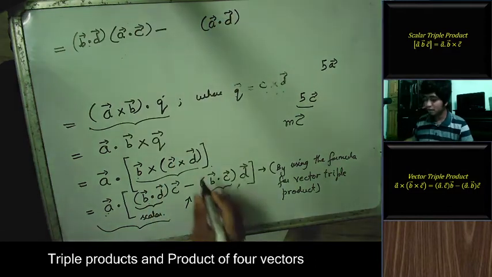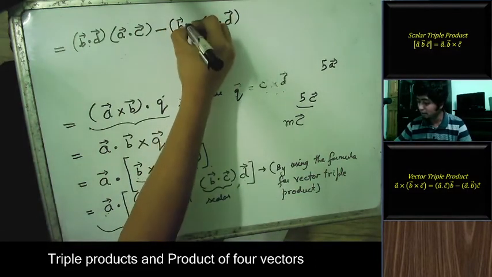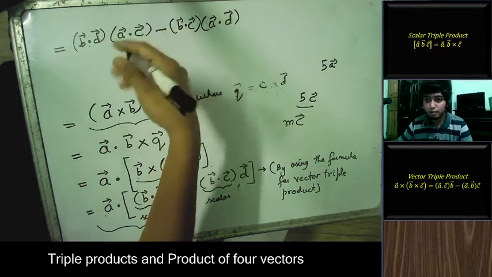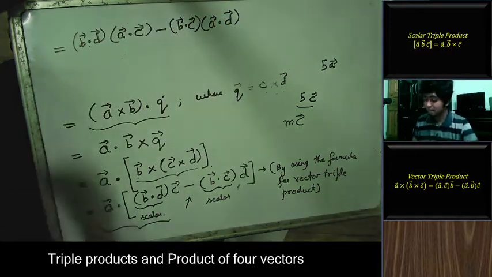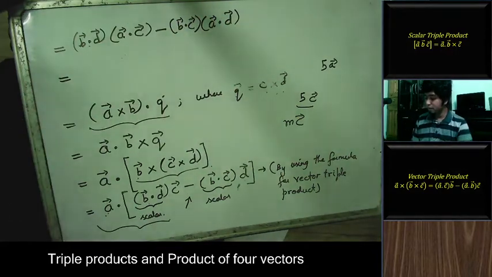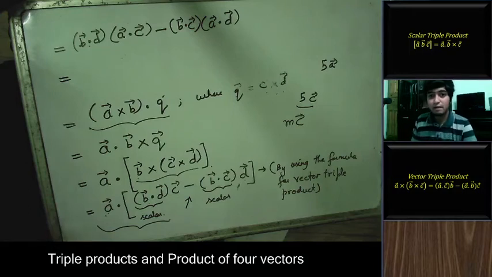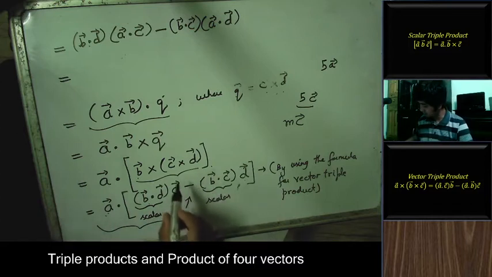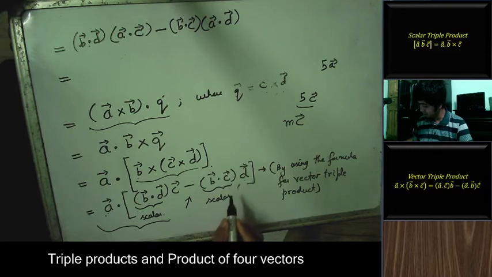And over here, B dot C is a scalar, we can take it to the front. So we will have something like this. Maybe I made a mistake: B dot D C minus B dot C D.